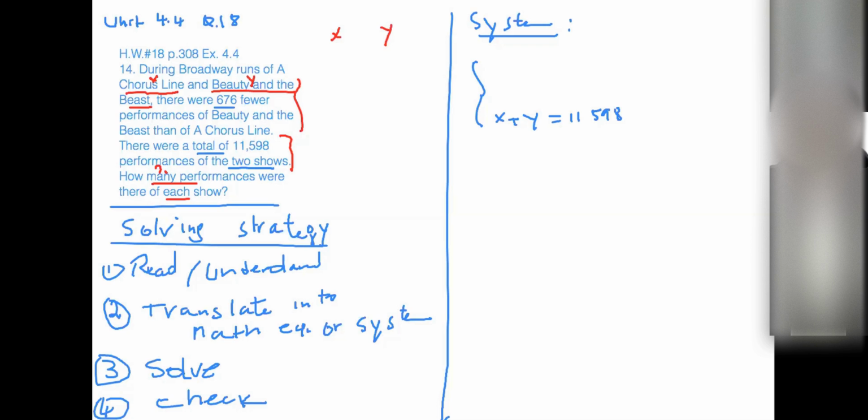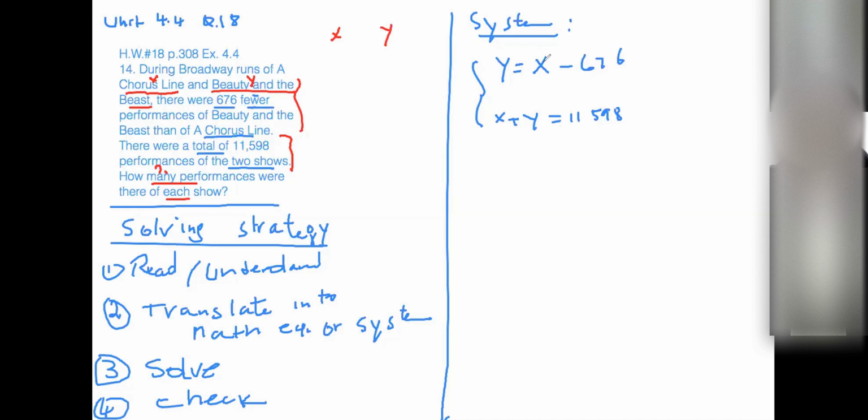So if we write this into an equation, y was performed less than x. How much less than x? 676? That's right, 676. So y was performed fewer than the other show, than the chorus line. How much fewer? Again, the problem gives you that information. Fewer, so that's a subtraction here.